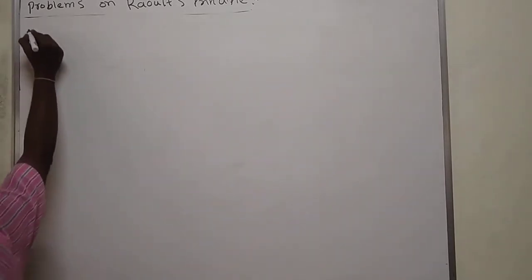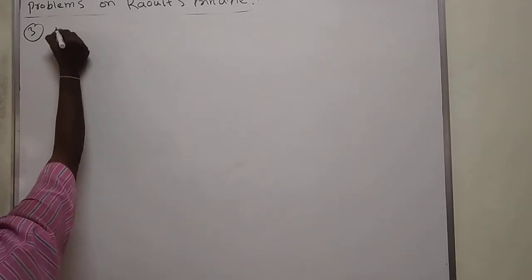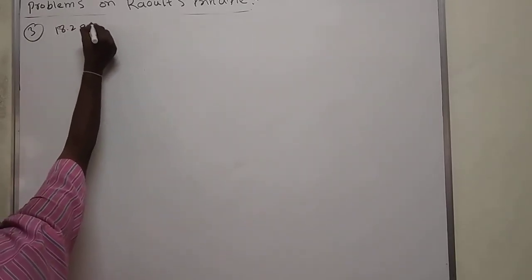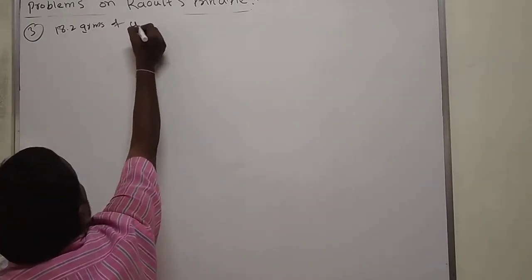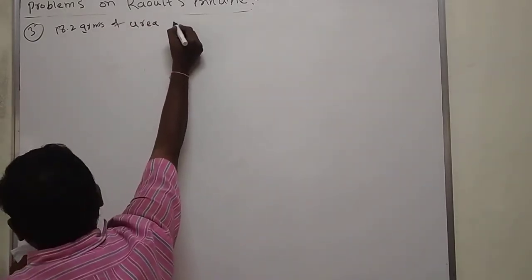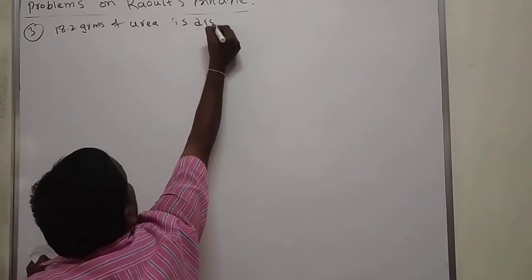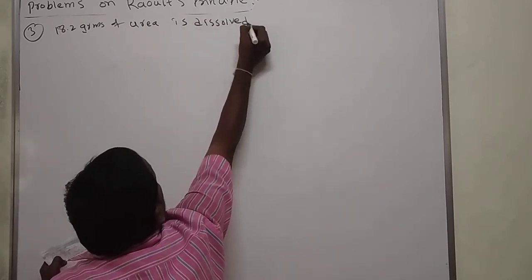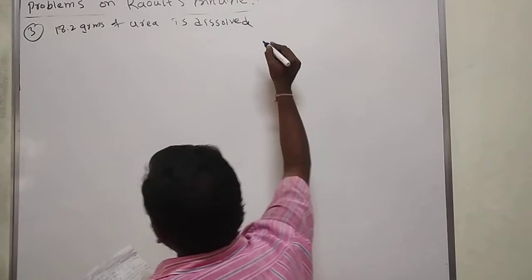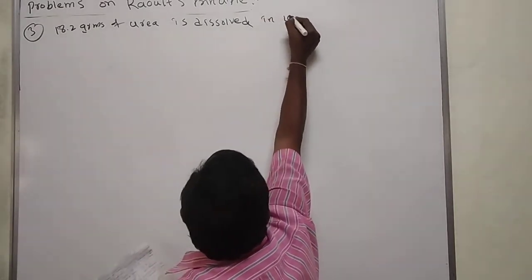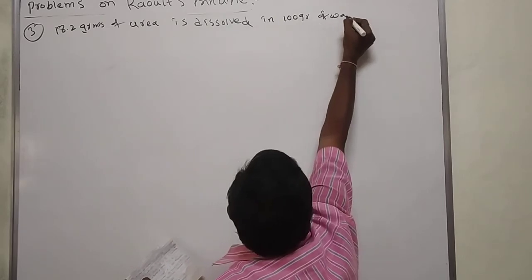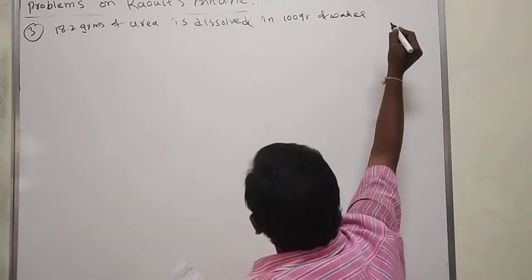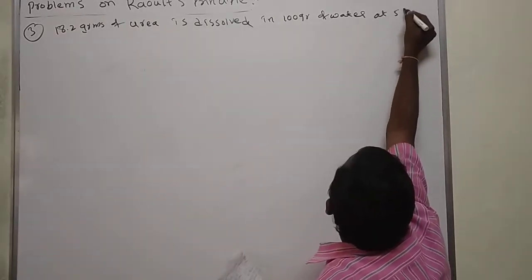Third problem: 18.2 grams of urea is dissolved in 100 grams of water at 50 degrees centigrade temperature.